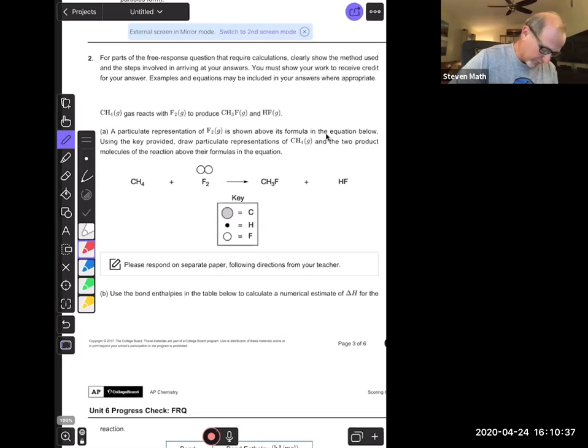Here, I'm just going to say, there's my shaded for my carbon, and then I've got four little red ones.